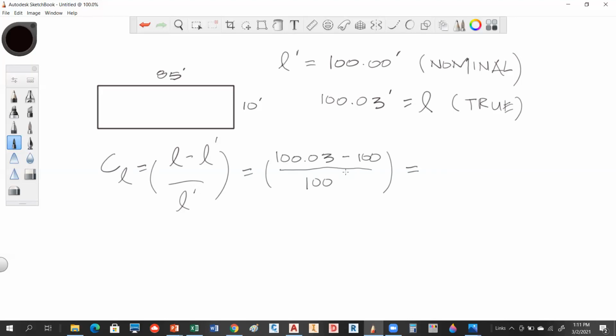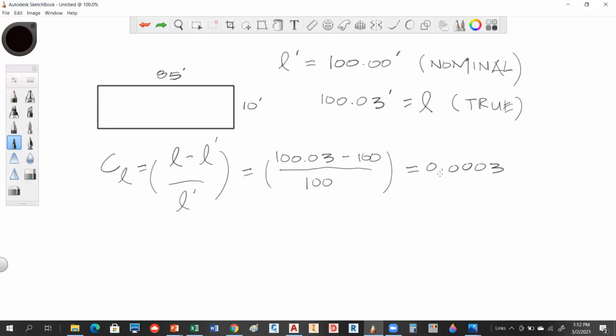It's unitless, but it's basically feet per foot. Let's see what's happening here. So if we take 100.03 minus 100 divided by 100, I get 0.0003 feet per foot. Or you can just assume that it's unitless.